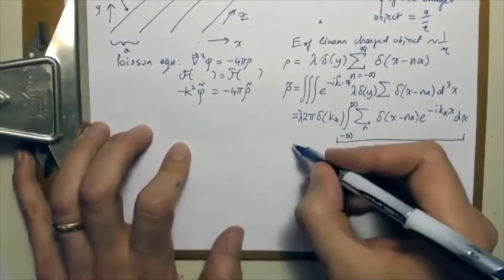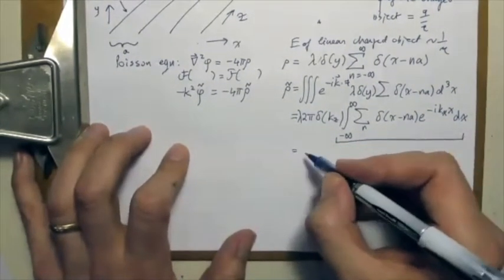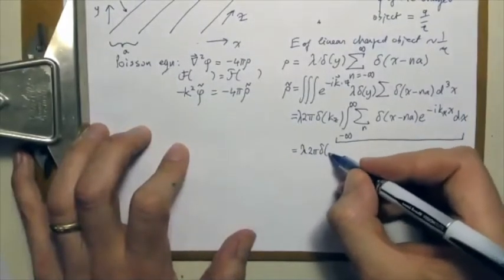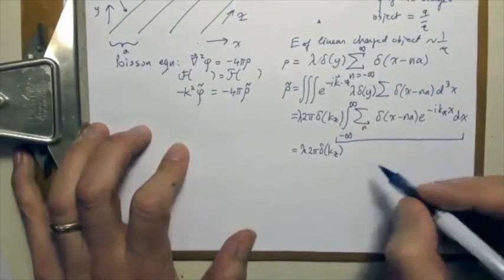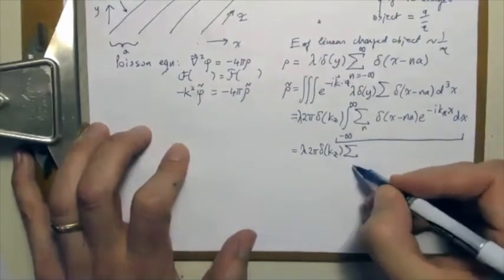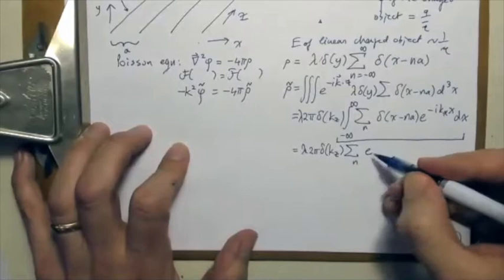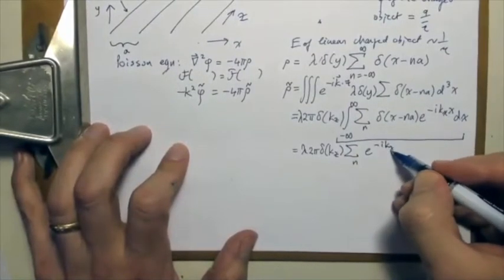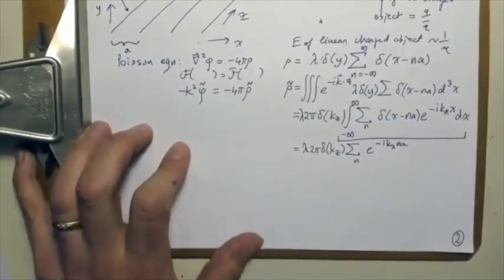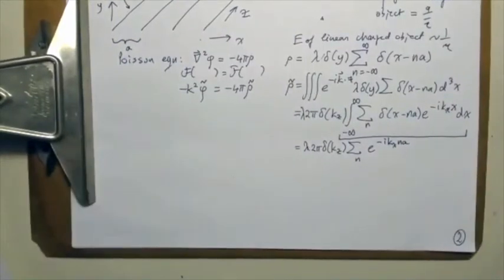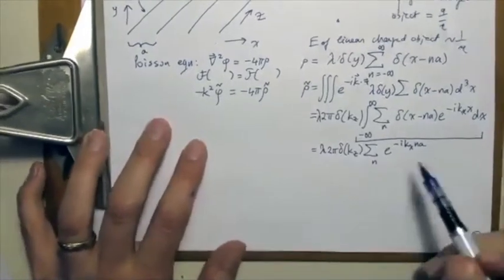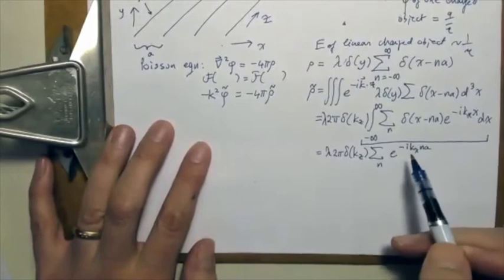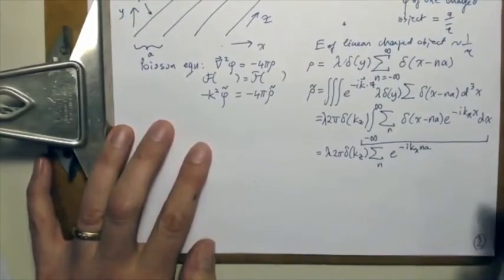So you end up with lambda 2 pi delta of k z, and a sum over n still, but now replacing every x with n a. Now it's not an integral anymore. So that's our Fourier transform for the charge density.